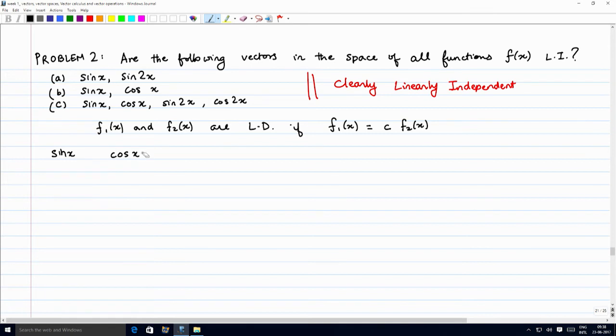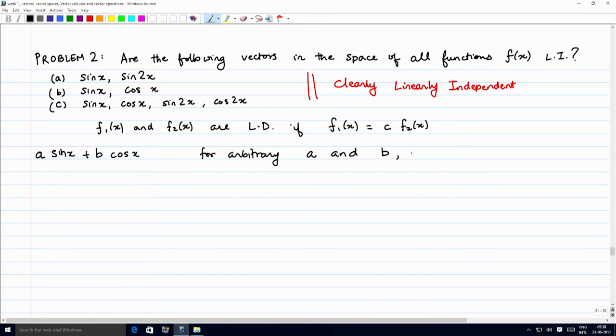Since they are linearly independent, I can take something like a sin x plus b cosine x, for arbitrary a and b.